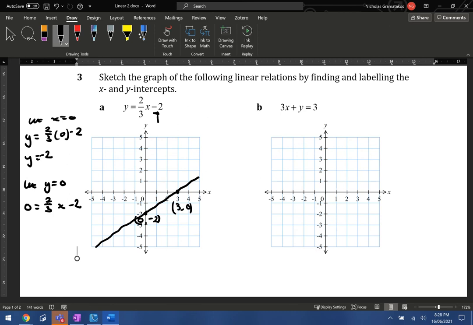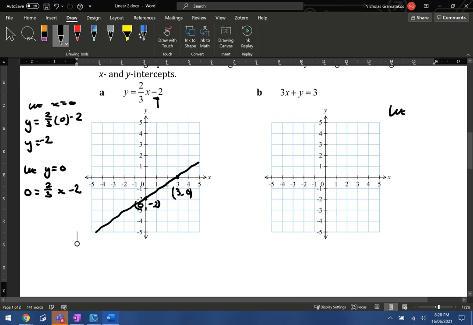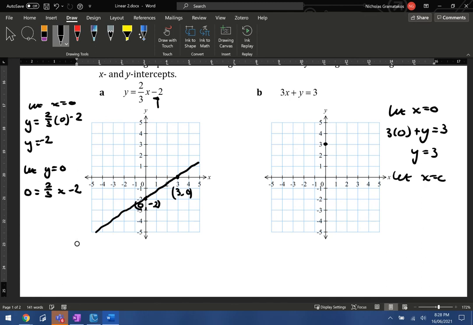Okay, I'm going to let x equal 0. I'm going to have 3 times 0 plus y equals 3. 3 times 0 becomes 0. I'm just left with y equals 3. We'll do the exact same thing, but let y equal 0 this time. We did x before. I'm going to do 3 times x plus 0 equals 3. 3 times x equals 3.